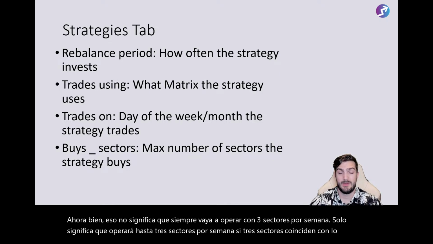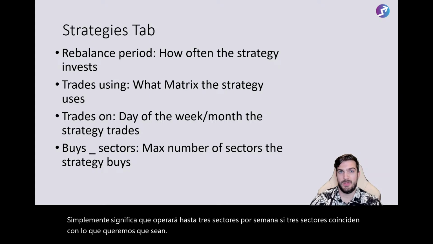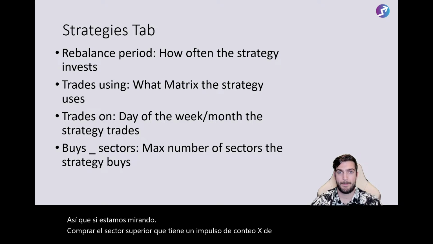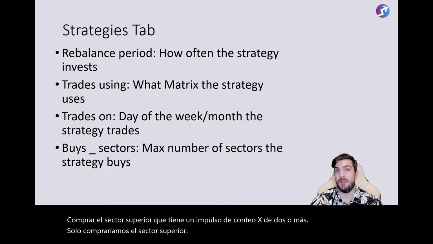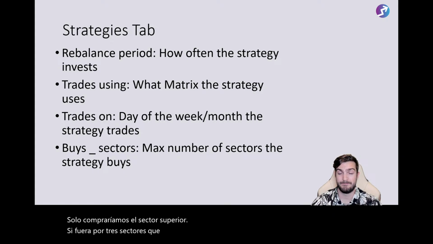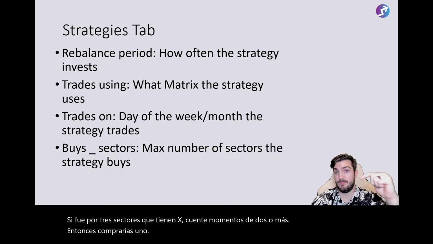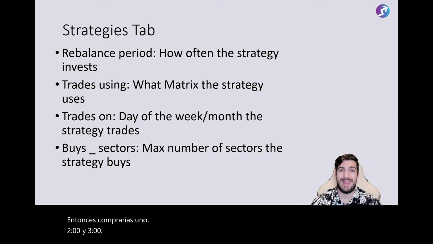to be. So if we're looking for buying the top sector that has an X count momentum of 2 or more, for example, we would only buy the top sector. If it was buy 3 sectors that have X count momentums of 2 or more, well, then you'd buy 1, 2, and 3. But if only one sector had an X count momentum of 2 or more, then we would stop early.